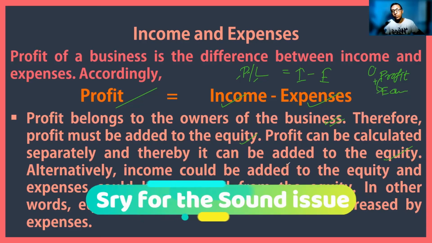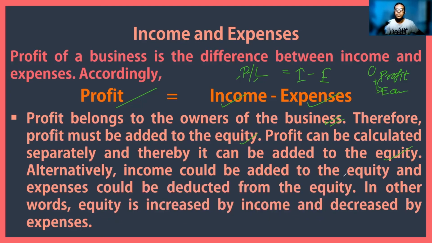Equity is increased by income, and expenses could be deducted from the equity. When it comes to lesson number 5, which is the accounting equation, in that lesson you will understand about these things.